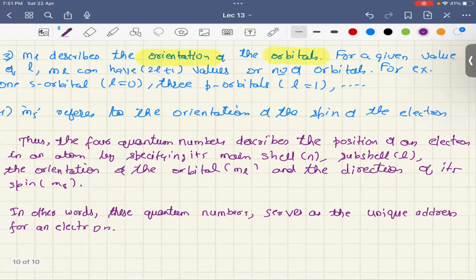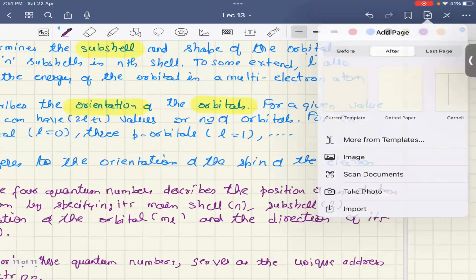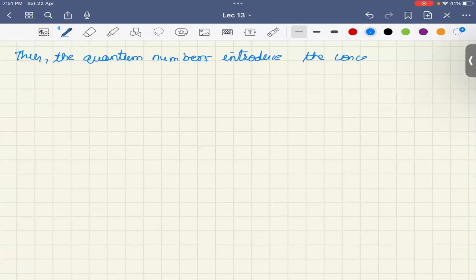So let us drag down. Thus, the quantum numbers introduce the concept of shells, subshells, and orbitals, right?